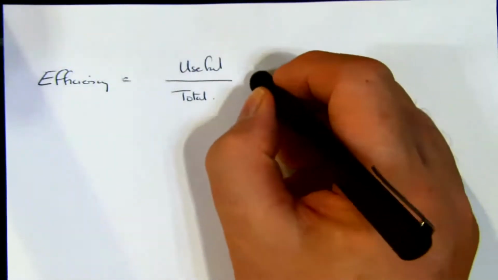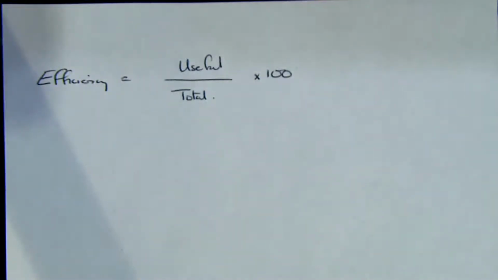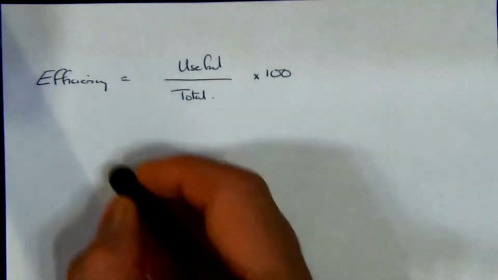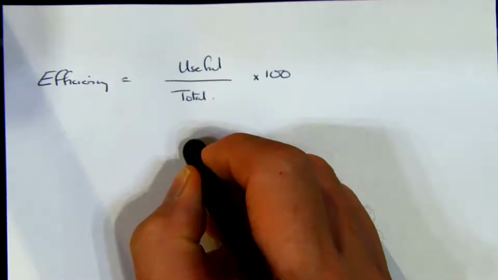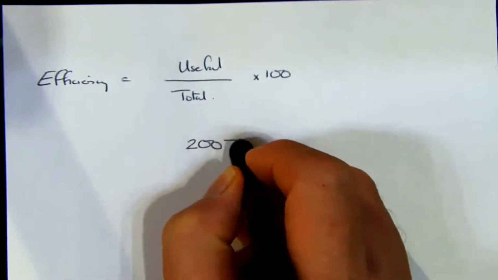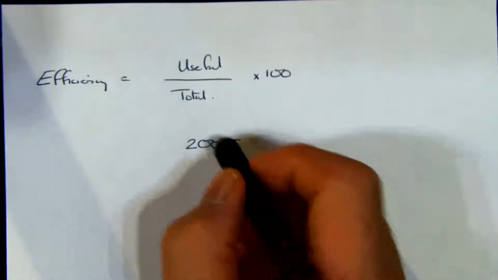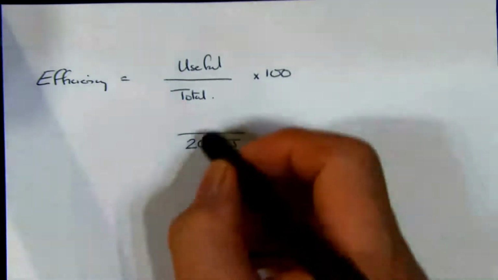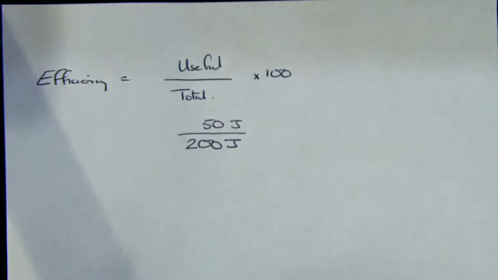And if I want this as a percentage, then I can multiply by 100 to turn it into a percentage. So let's suppose I put into the system something like 200 joules of energy. And the useful energy that comes out is going to be only 50 joules.